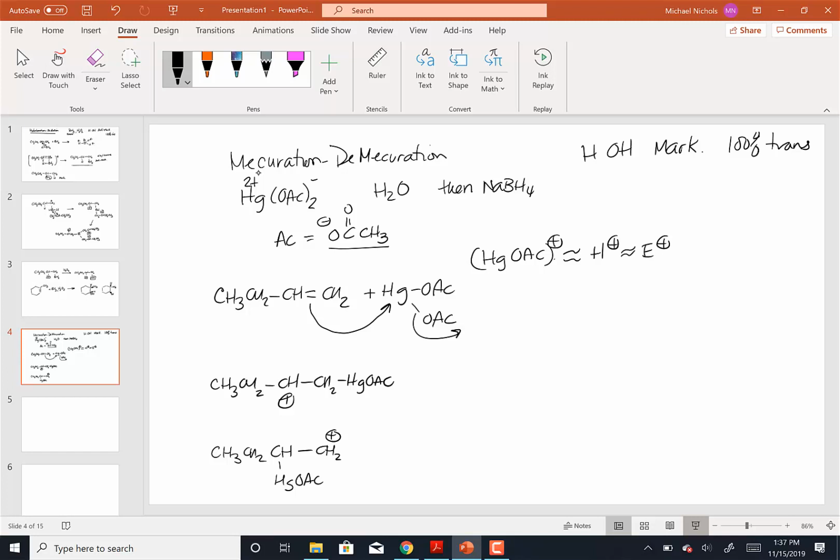So kind of deja vu back to Wednesday. Which one am I going to form? Am I going to form the top one or the bottom one in terms of the intermediate? What do we think? Top? Why? Because it's not primary, it's secondary. So we got a secondary carbocation and a primary carbocation. We will not form the primary carbocation.